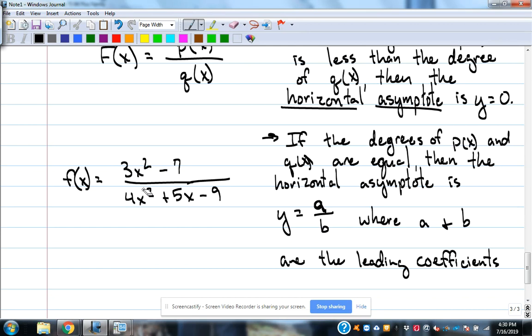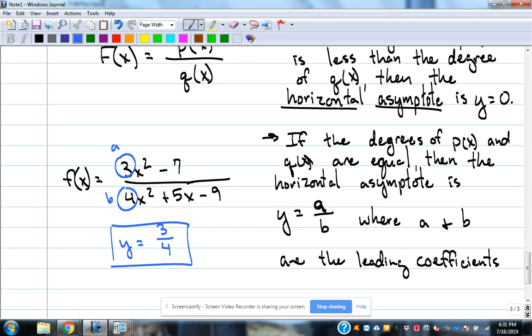So this one, because of that, we know that the horizontal asymptote is going to be at y equals 3 over 4. The leading coefficients, 3 and 4. That's A, that's B. And there is your horizontal asymptote. It's going to be that ratio of the leading coefficients out of that. That only happens if the degrees are the same. If the degrees are different, then it can't be that.